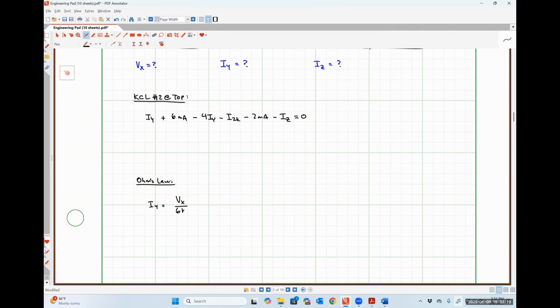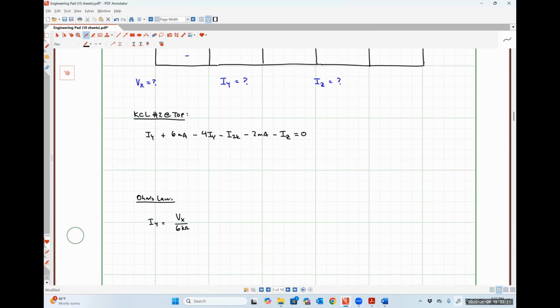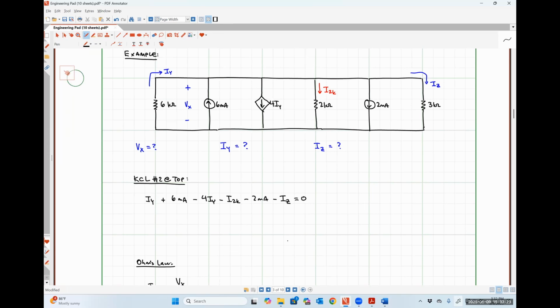So you're very close. You've manipulated Ohm's law correctly, but I would argue that the current is flowing into the negative polarity terminal of the 6 kilo ohm resistor, because the negative polarity terminal is on the bottom, right?